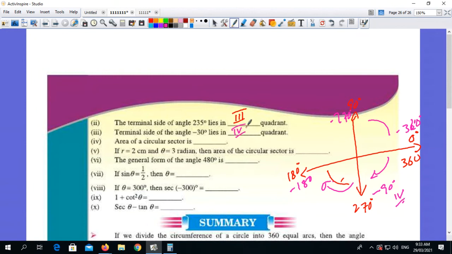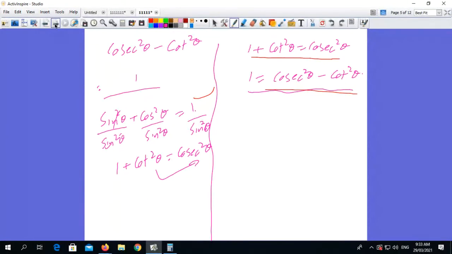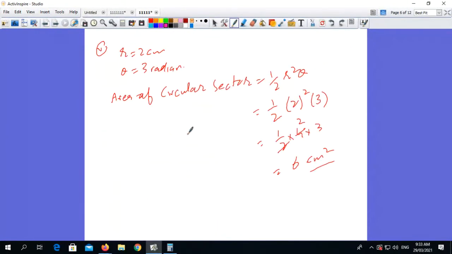What is the area of a circular sector? You have studied in 7.3 that area of sector is equal to 1 by 2 r square theta. This is the formula of area of sector. By using this formula, we solve our next part, which is part 5.